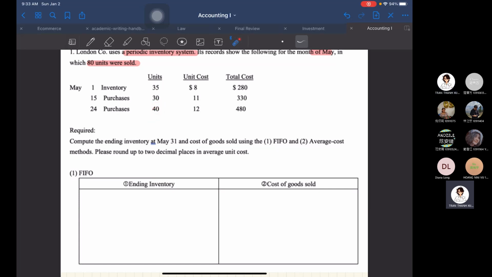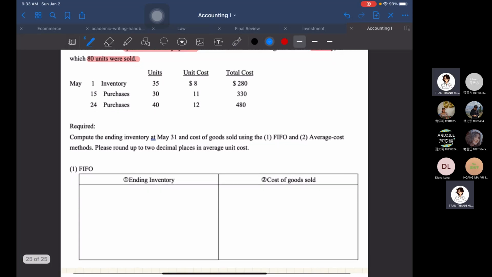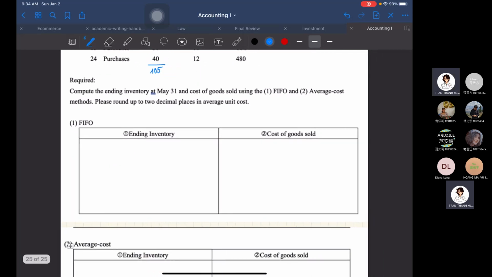So in the ending inventory could be 25. Here, I suggest you calculate the total units from the beginning. Then it will be easier to control your answer.